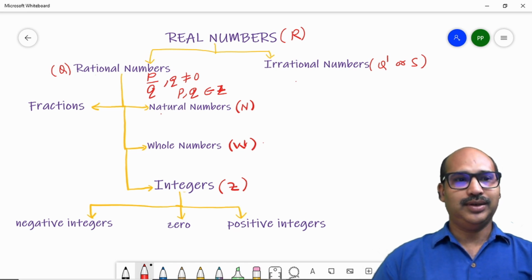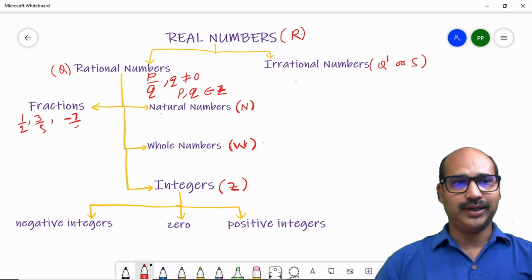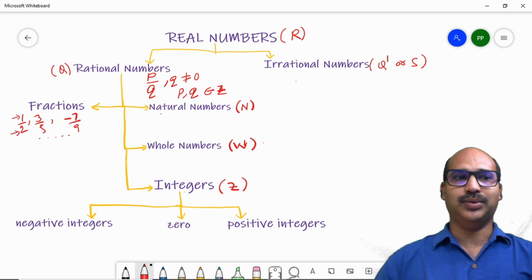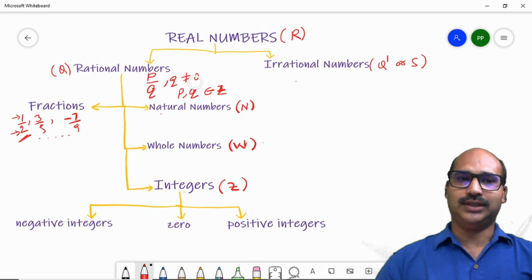Let us see, what are the fractions? Fractions are like 1 by 2, 3 by 5, minus 7 by 9, and so on. These are all fractions. These fractions are in the form of P by Q. Numerator is P, denominator is Q. Here Q is not equal to 0, we have to satisfy this condition.